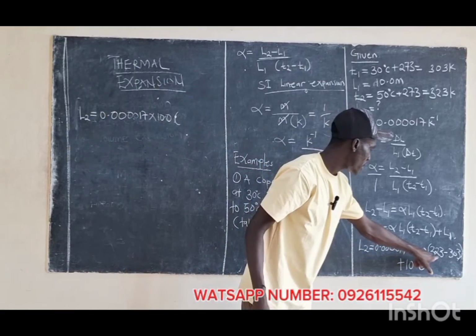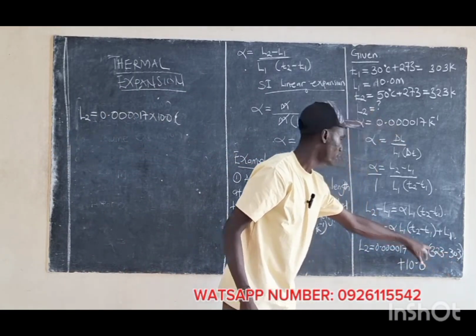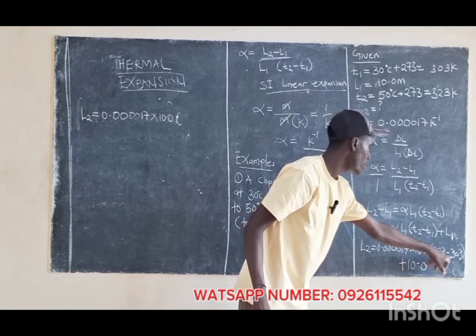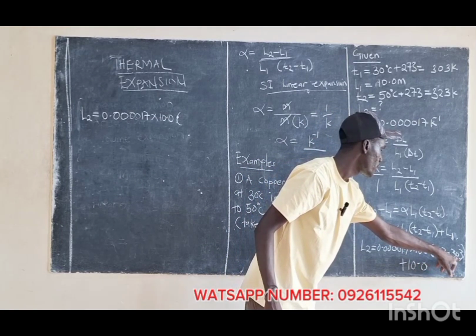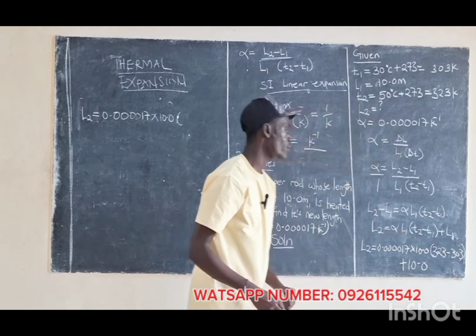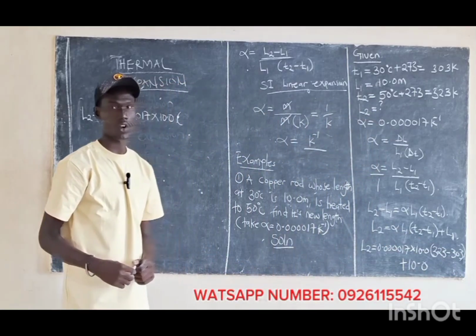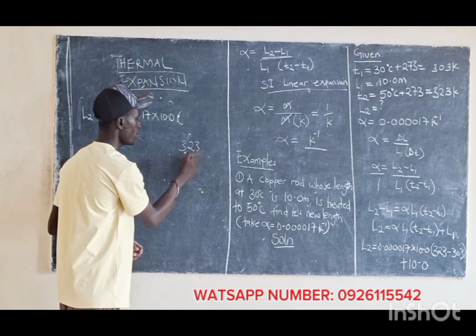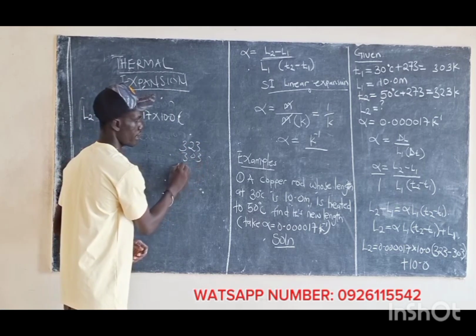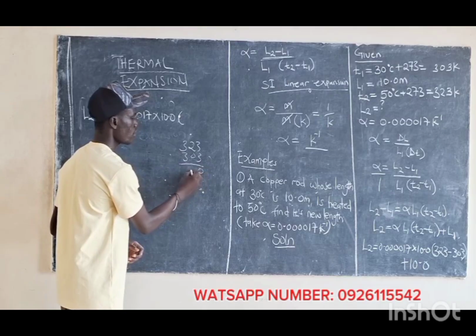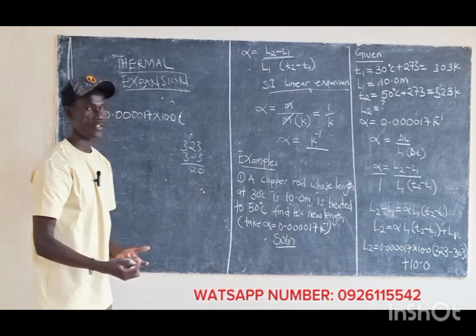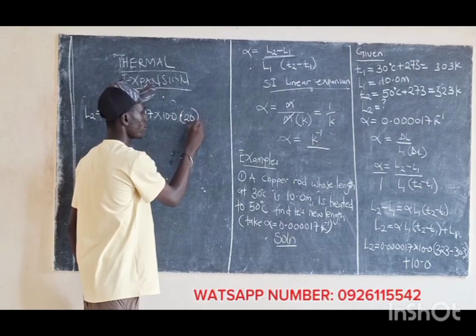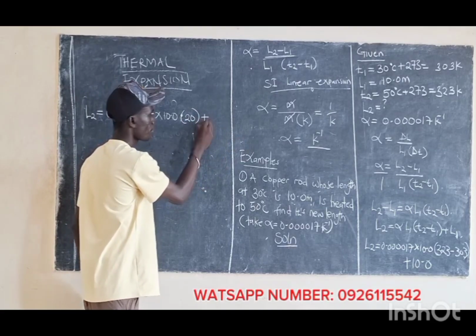We subtract 323 minus 303. Here we'll have 0, so we'll have 2. So we are left with 20 inside here. 20. Then plus 10.0.